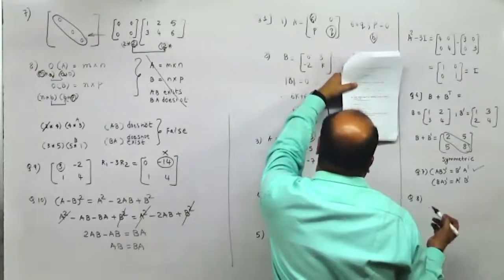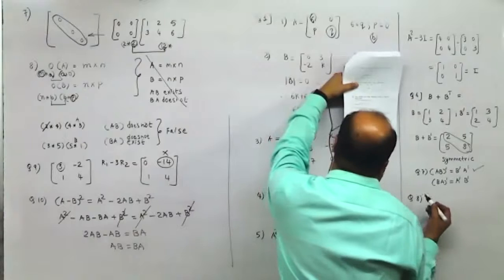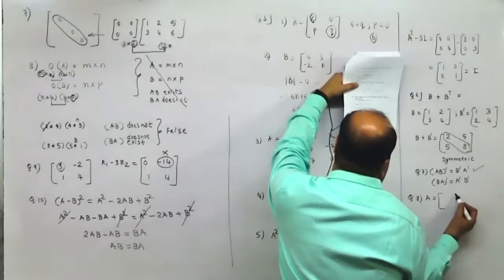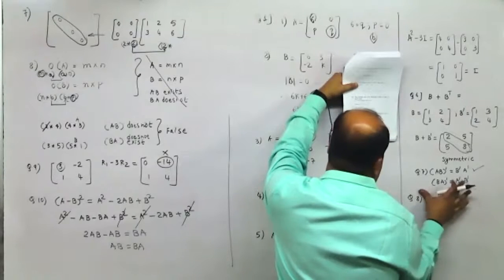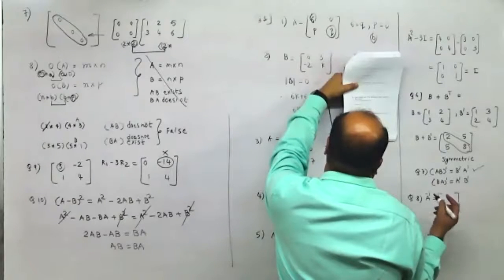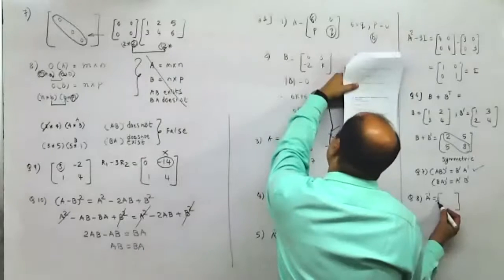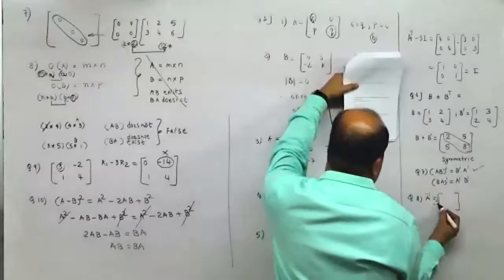Then adjoint of A would be what? Here, A equal to, so then I can find A inverse directly. It would be 1 into minus 1 minus 4, which is minus 5.